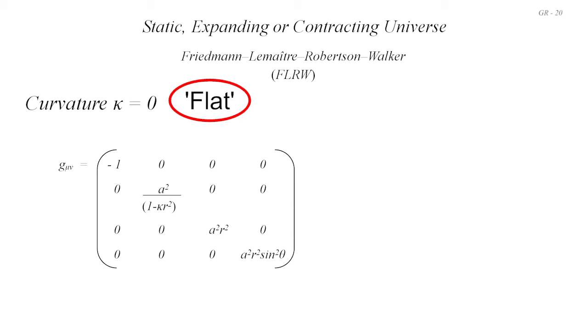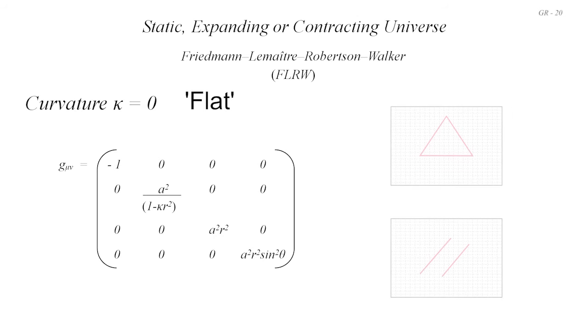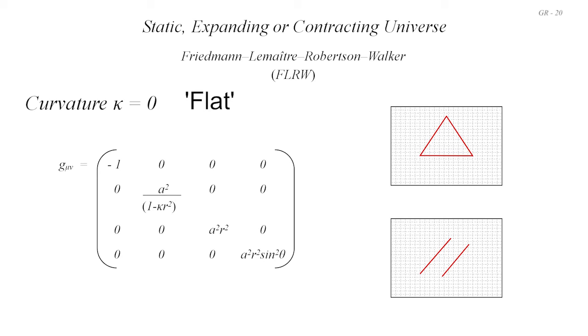Some of the consequences of this flat space, if you recall, are that three angles of a triangle would add up to 180 degrees, and also that parallel lines would never meet. Here is a two-dimensional illustration of that showing Cartesian coordinates in the background. Remember, however, that this idea about triangles and parallel lines also applies to all three of the dimensions of space with this Friedmann, Lemaître, Robertson, Walker metric when kappa equals 0.